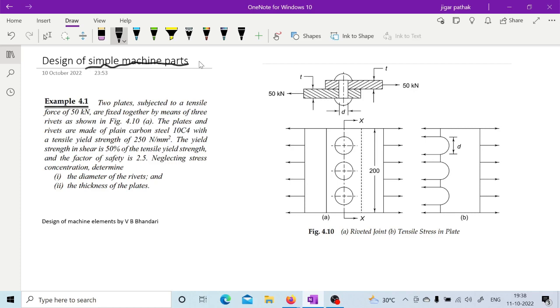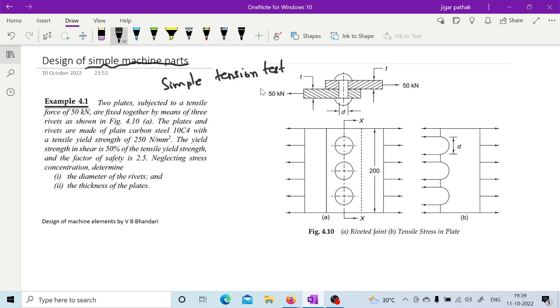Then you must have an idea about the allowable stresses, right? Now from where are you going to get these allowable stresses? That is going to be available from a simple tension test performed on the material from which you are going to make your component.